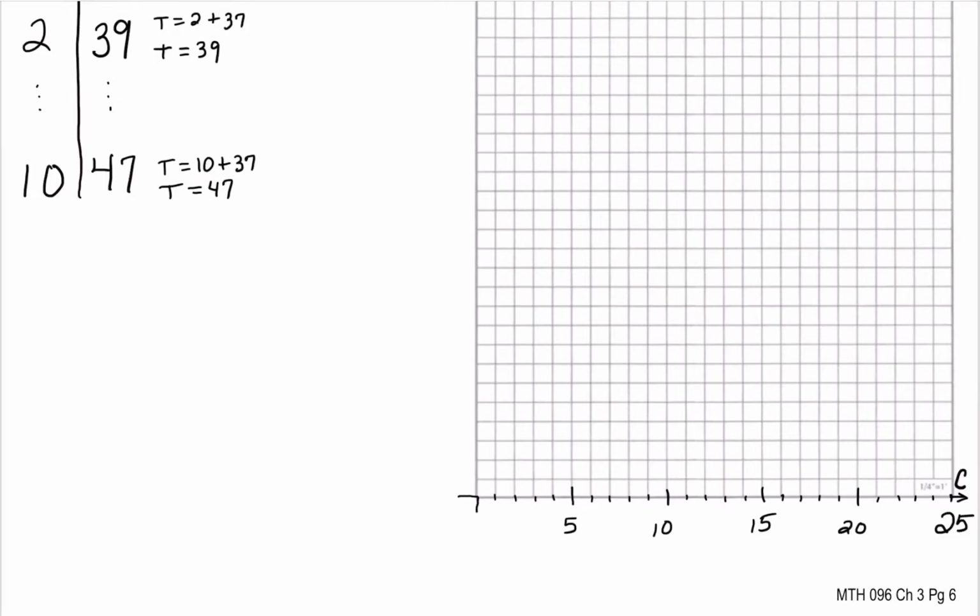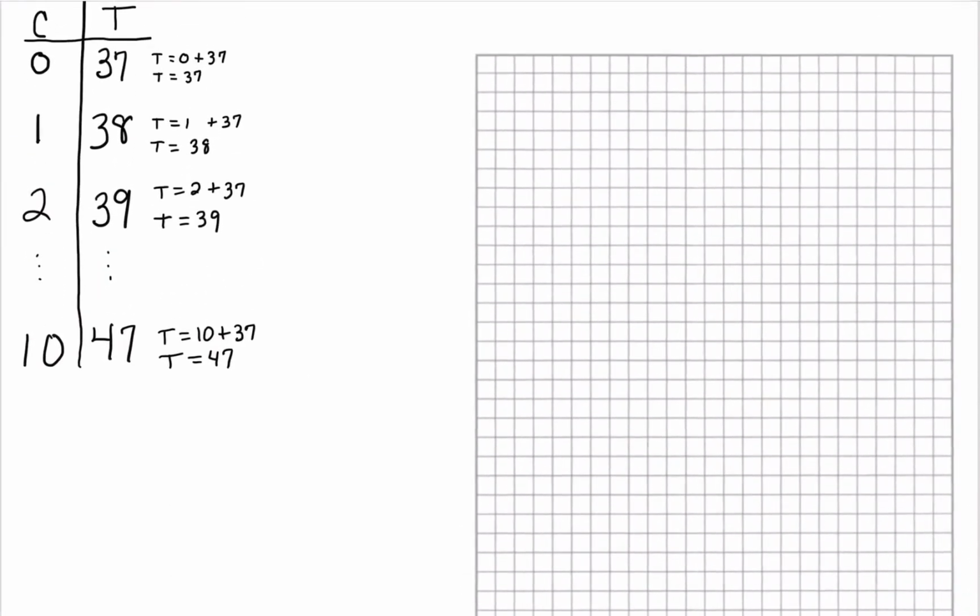Now for my vertical axis, notice my first value at 0 is going to start at 37. And then by 10, I need to be up at 47. So I think if maybe instead of counting up by 1s, we counted up by 2s, that might be just a little bit better here.